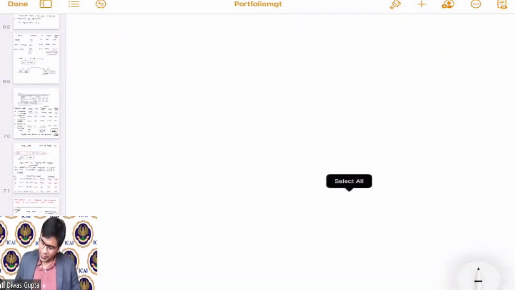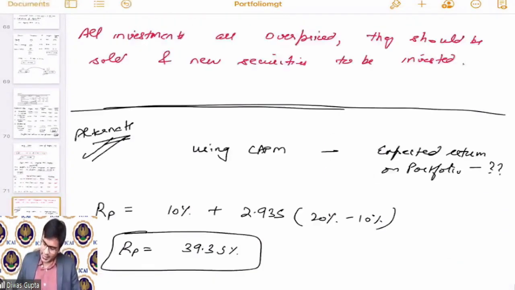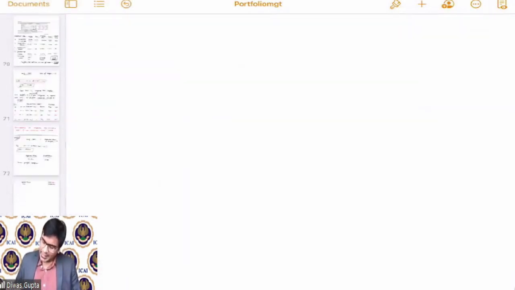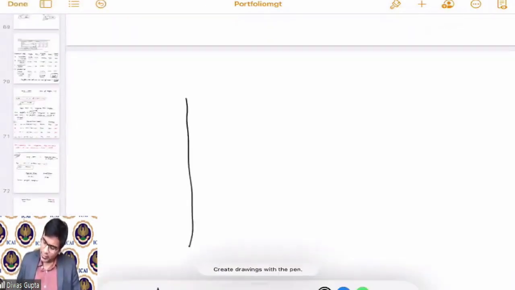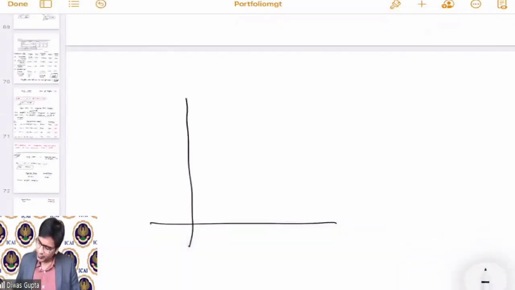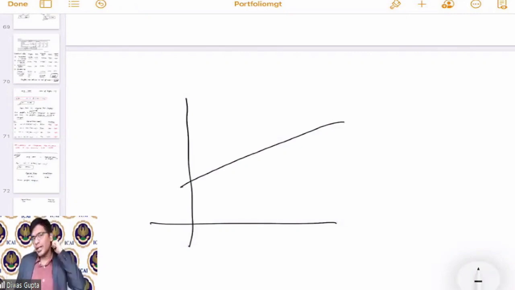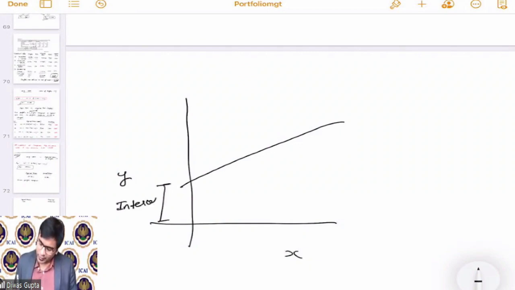Now students, before we go and study any line that is there on a graph, let's say this is the line. There are two attributes to that particular line, correct? This is the y-axis, this is the x-axis, that we know. So there is an intercept and there is a slope.